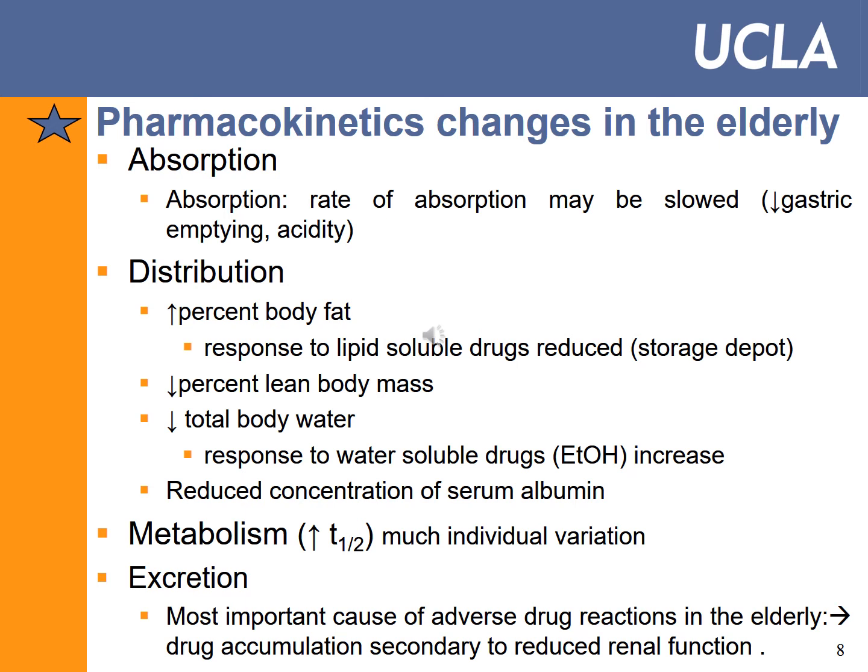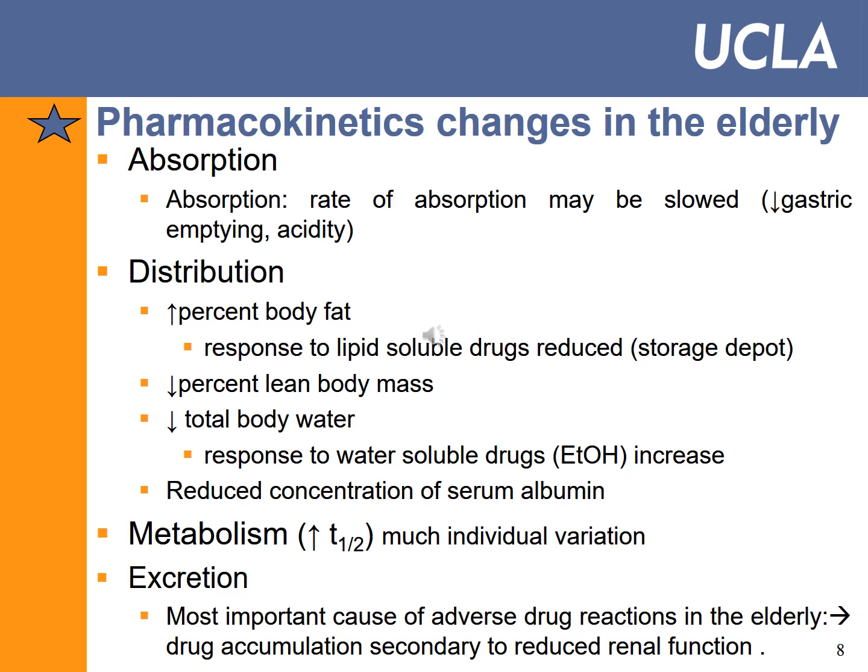For distribution, because they have an increased percent of body fat, the response to lipid soluble drugs is reduced, because the drug is going to get stored in the fat tissue and not be distributed, so you're going to have a reduced response to those lipid soluble drugs.